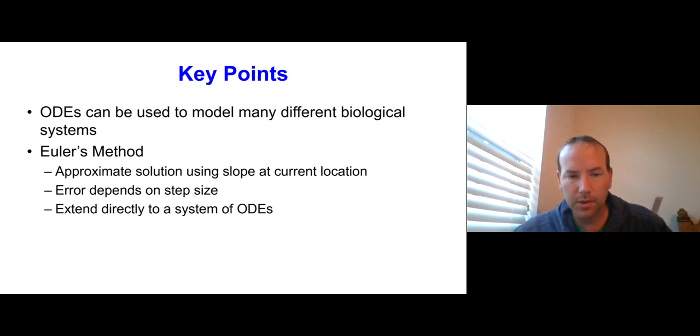Other methods that we'll look at use additional information, and error depends on the step size. So the smaller the step that you can take, the better the answers will be. And one of the things that's nice about Euler's method is it extends directly to a system of differential equations. So you can look at many different parts working together as a system rather than just a single equation.